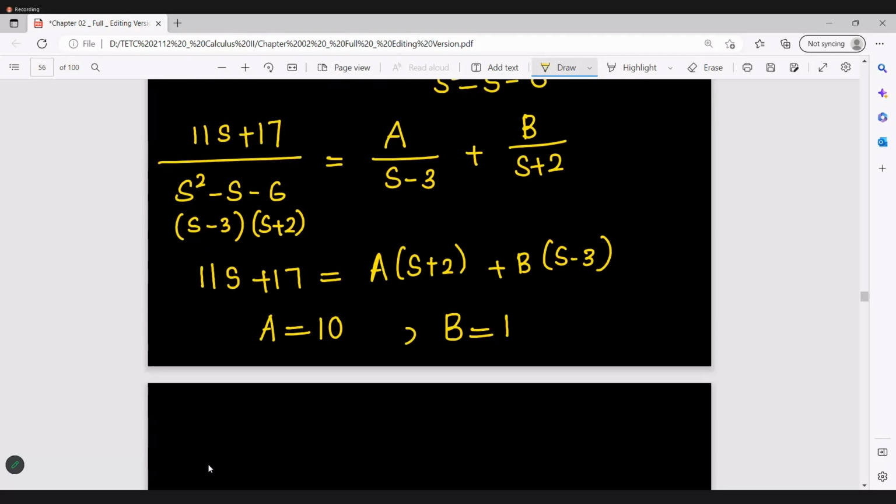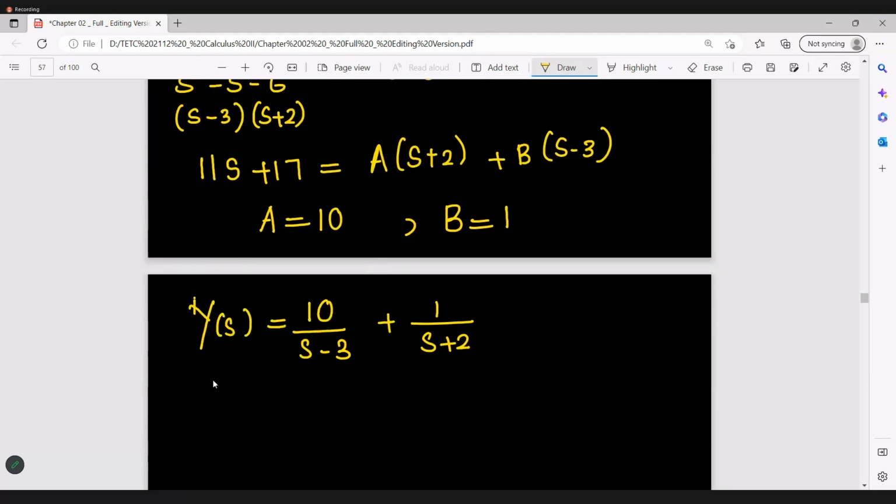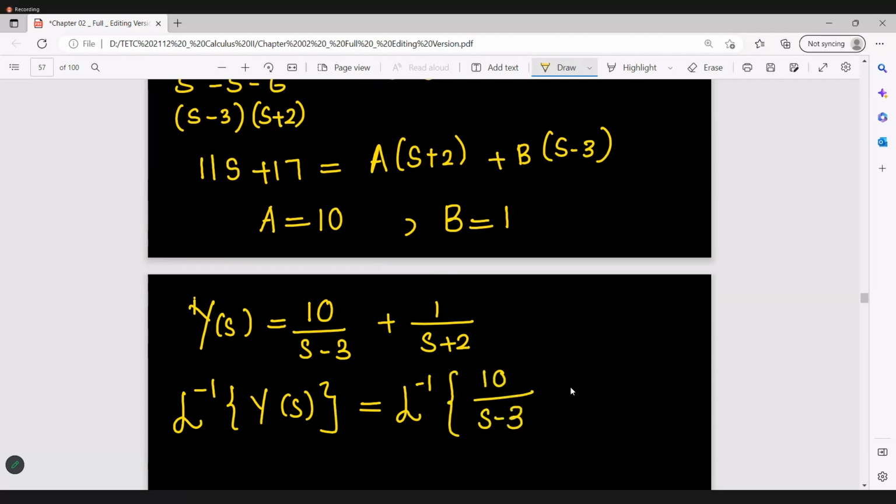So we have obtained an expression for this capital Y of s. Capital Y of s is equal to 10 over s minus 3 plus 1 over s plus 2. Once we have obtained this, we take the inverse Laplace transform of both sides of this formula to obtain the answer for the ordinary differential equation.